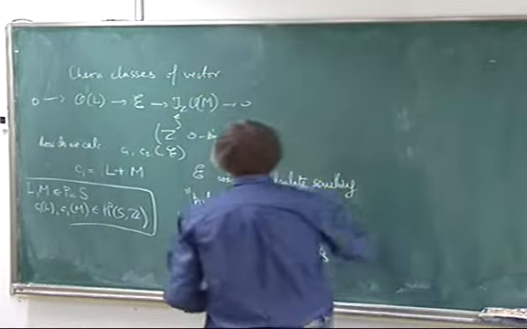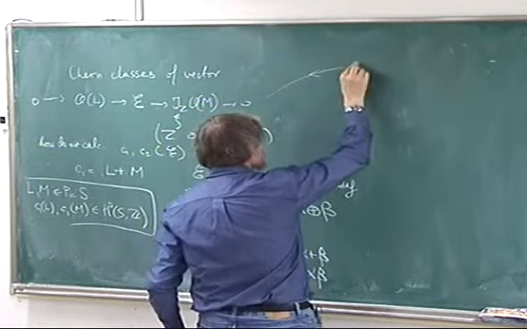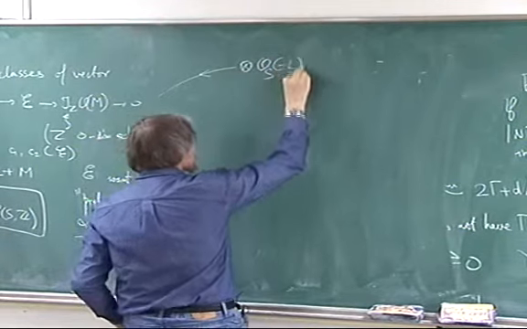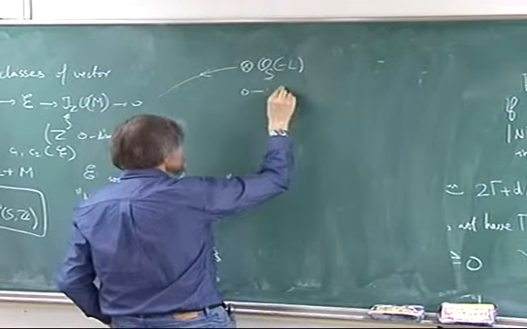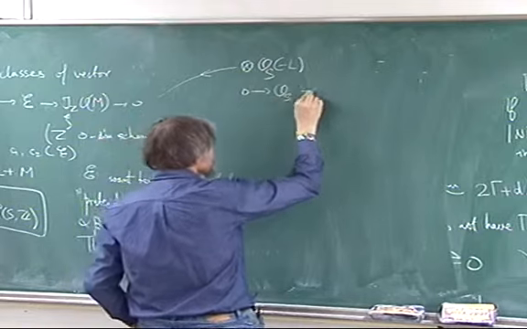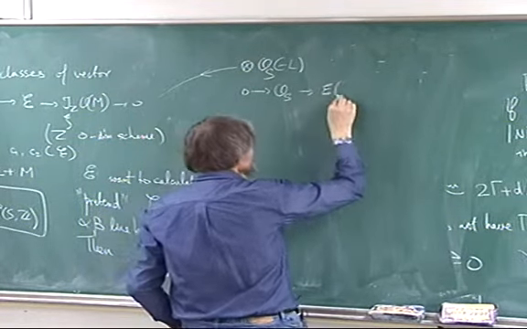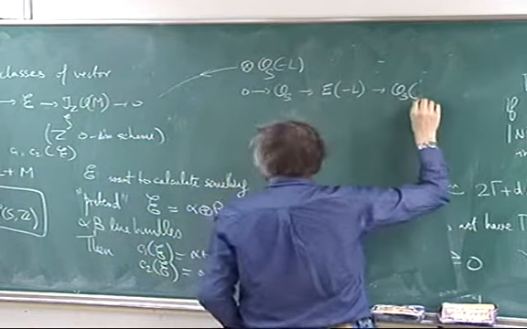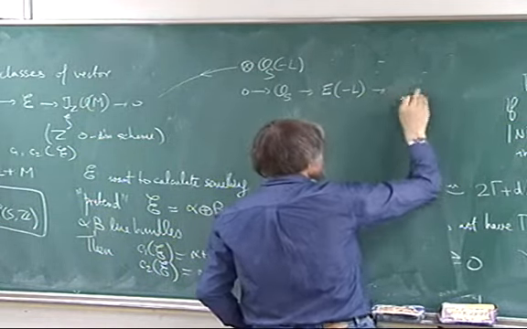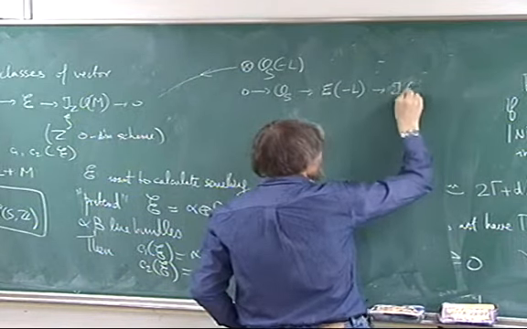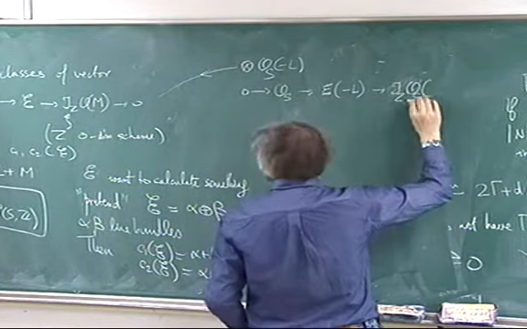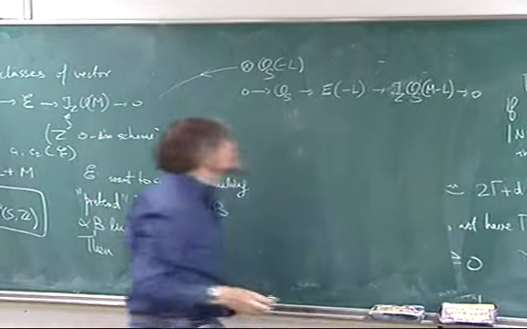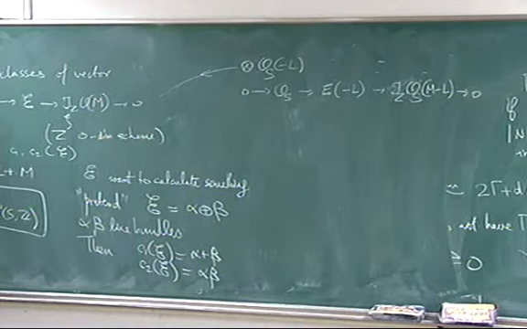So if I take this sequence, tensor O S of minus L, then I get O goes to O S goes to E tensor minus L goes to I Z of O S of M minus L. Okay.